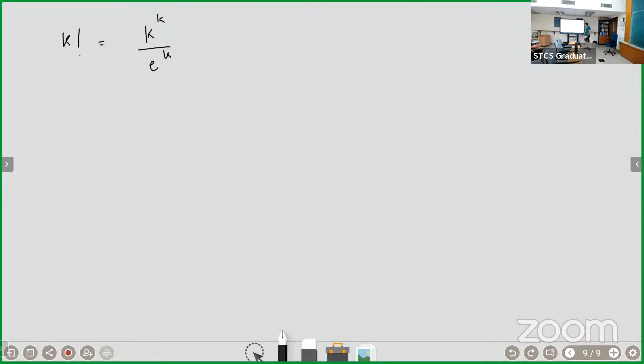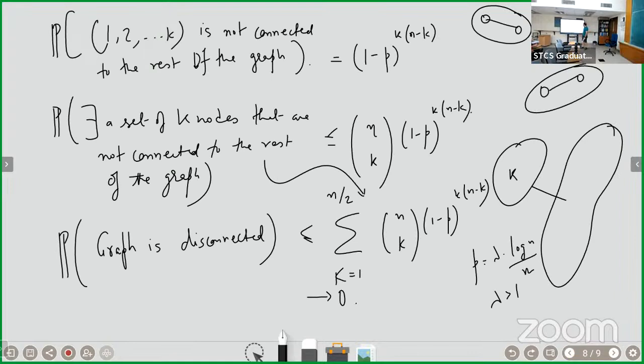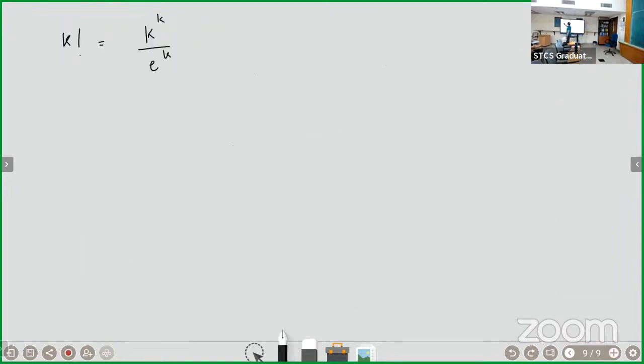If you use that, what will you get here? And this also applies to n choose k: n to the k divided by k. This is what you really use.